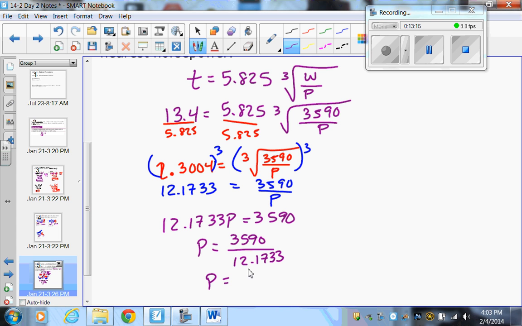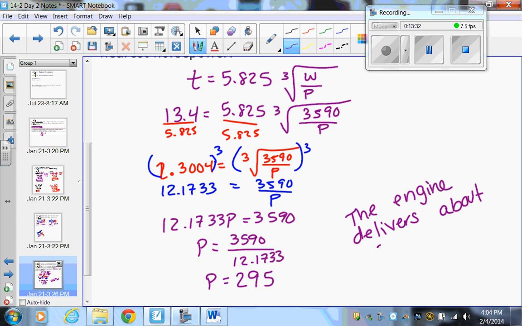If we round that to the nearest horsepower, we will get roughly 295. So we can say that the engine delivers about 295 horsepower.